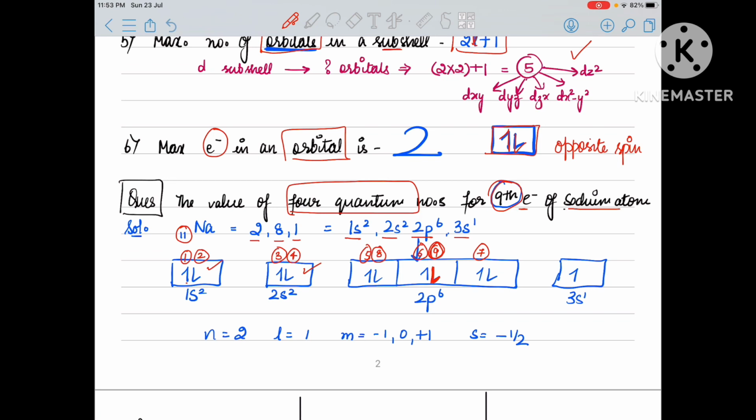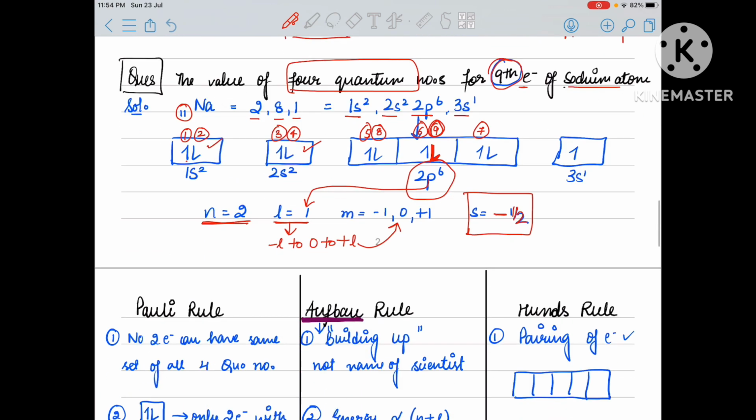So this is lying in the 2p subshell. That means the n value will be 2. According to p, the L value will be 1. Because the value of L goes from minus L to 0 to plus L, according to the formula, my m value comes out to be this. Moving on to S, because the electron is drawn inverted, that means it has opposite spin, which will have a negative value of half. That's it. We are done with this question.